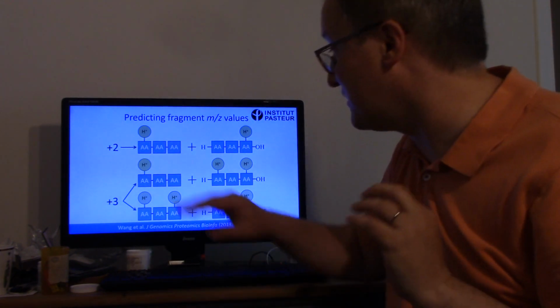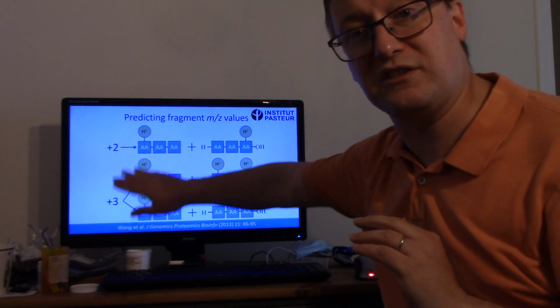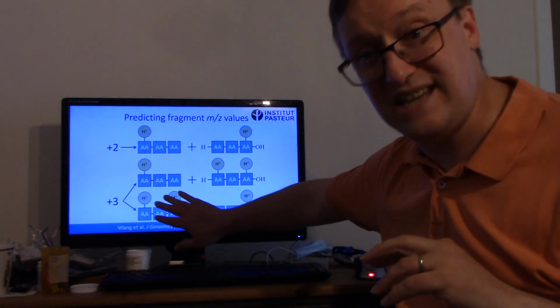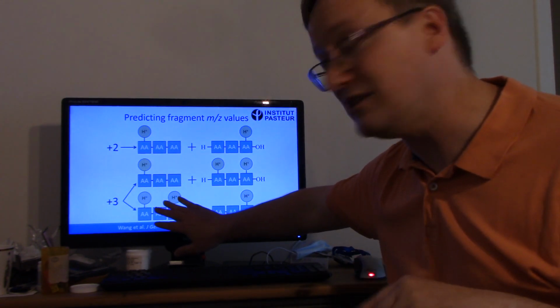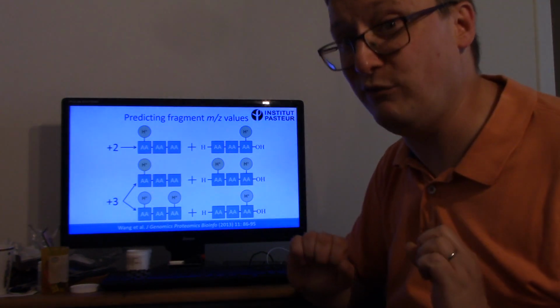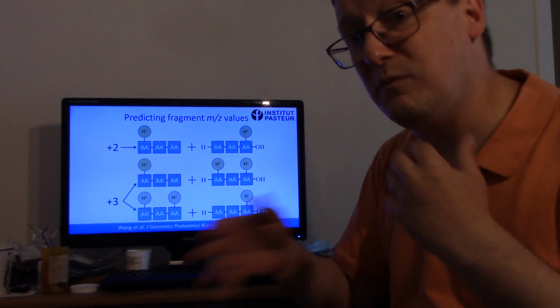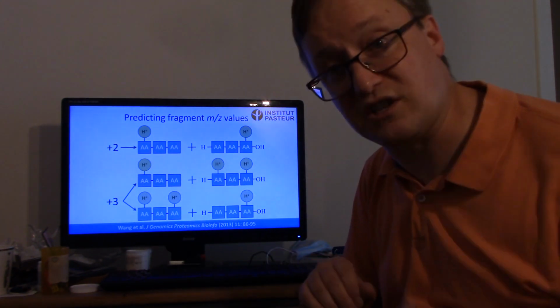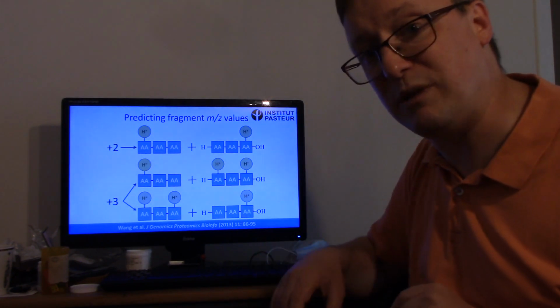This means that for the same sequence appearing in +2 and +3 forms, the predicted spectra are twice as dense for the +3 variant as they would be for the +2 variant. So these are going to lead to very different kinds of scores, typically, for a +3 peptide than for a +2 peptide.